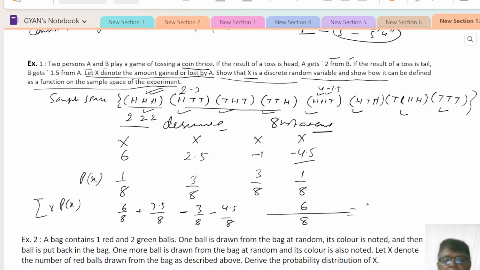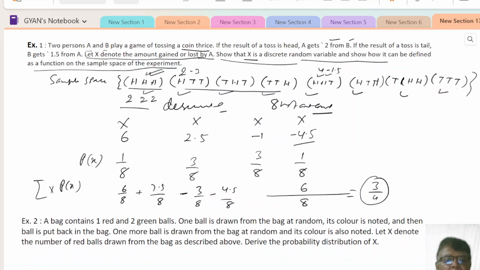So he will get 3 by 4. So he should play, as he will get a positive. If it would have been negative, then the expectation would be negative.